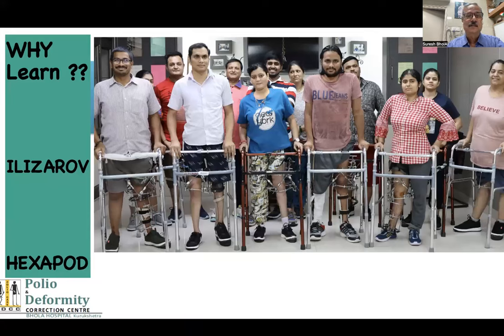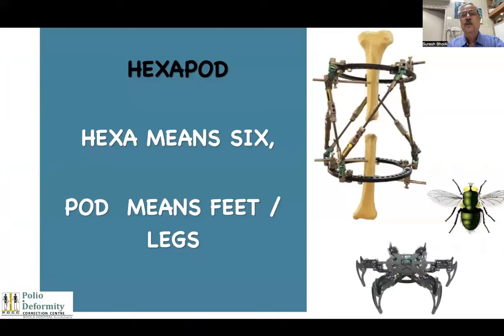There are patients. And a few words about Ilizarov, most of us have heard about. A few words about the hexapod. Hexa means 6, pod means feet, legs.